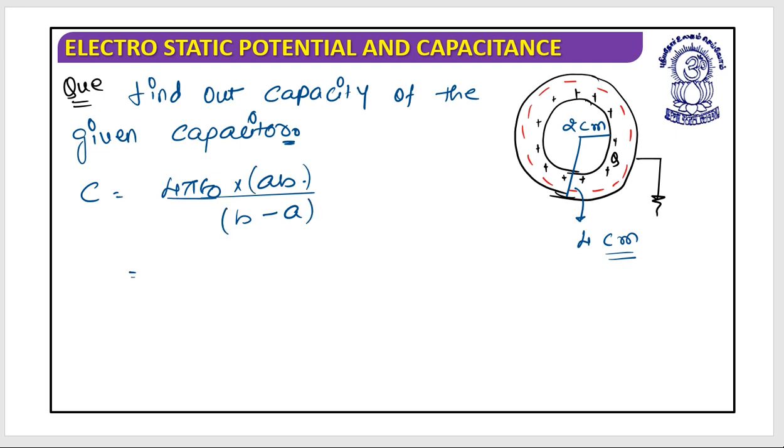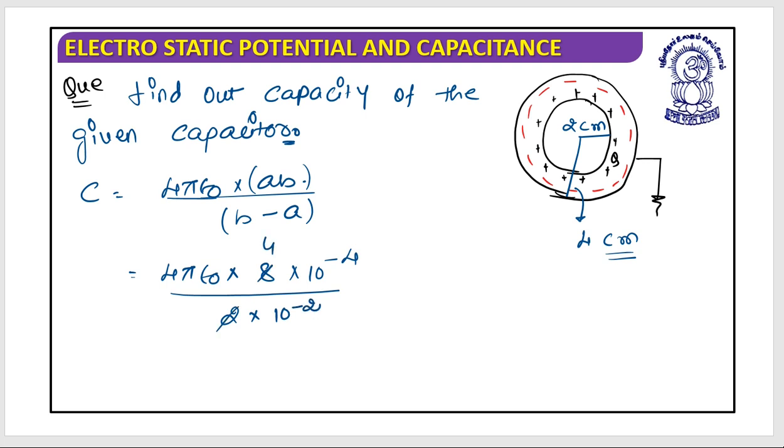So let's put in the values. It's 4 pi epsilon naught multiplied by A into B. It's 2 into 4, that is 8 centimeter into centimeter, that's 10 to the power minus 4, divided by 4 minus 2, it's 2, again centimeter, 10 to the power minus 2.